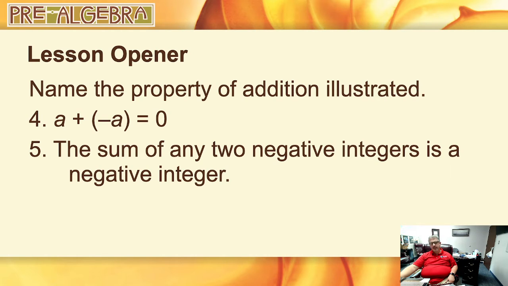Well, that's the opposite, so this would be the additive inverse property. And number 5, the sum of any two negative integers is a negative integer, and that is the closure property.